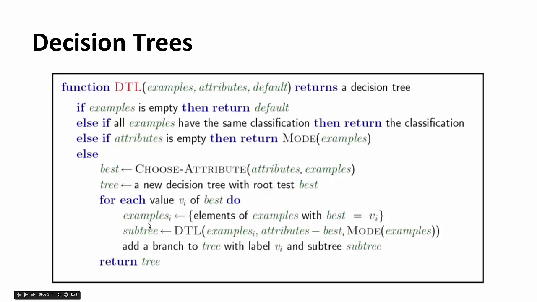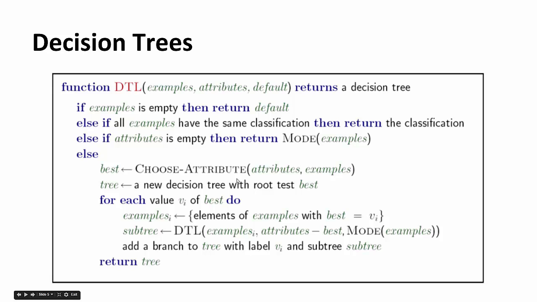So basically we're going to have n sets of examples, where example sub i is going to be all of the examples that take on value v sub i. And then each of those example sets is going to form a subtree, which we can create another decision tree out of. So that's the general gist of how we're going to create our decision trees.